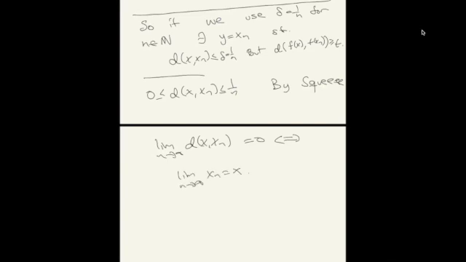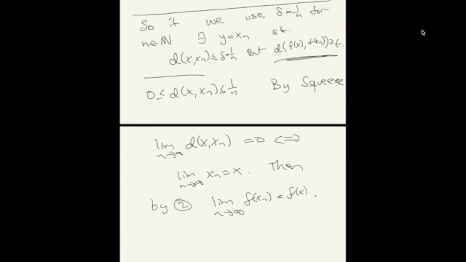So we have a sequence that converges to x. But, well, now what we have, so then by 2, limit as n goes to infinity of f of xn converges to f of x.